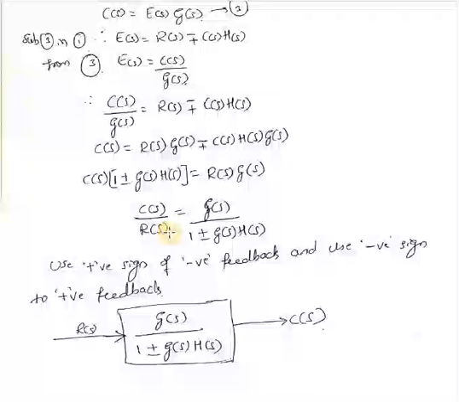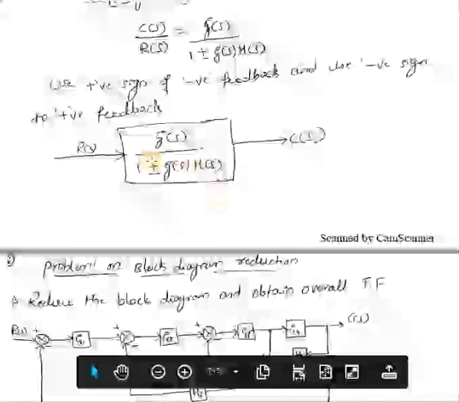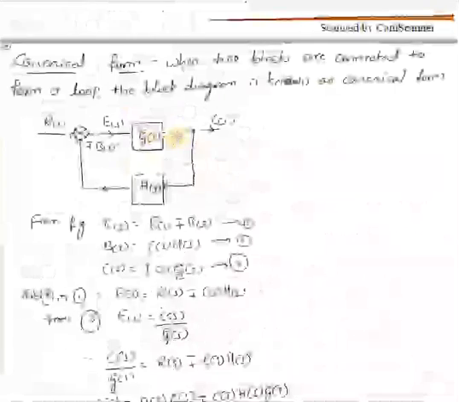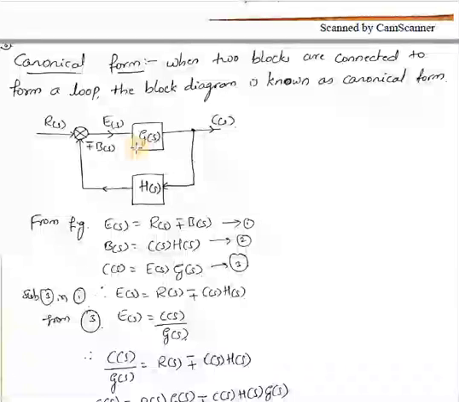The transfer function is the ratio of output by input. Output is C of s and input is R of s, which will be equal to G of s divided by 1 plus or minus G of s into H of s. So this is the transfer function for a single block. Whenever you come across this kind of combination, you can directly write the single transfer function: in the numerator G, divided by, in the denominator, 1.